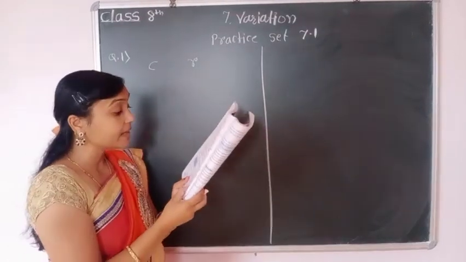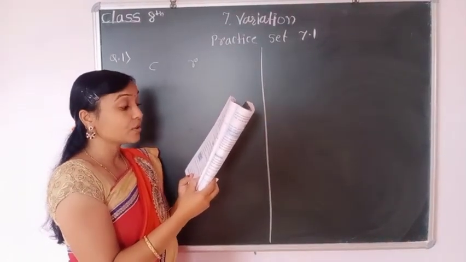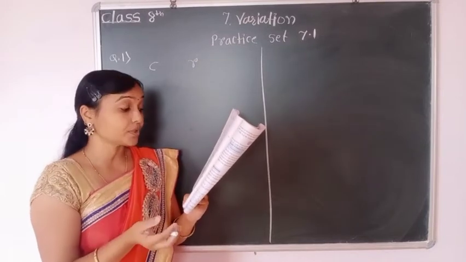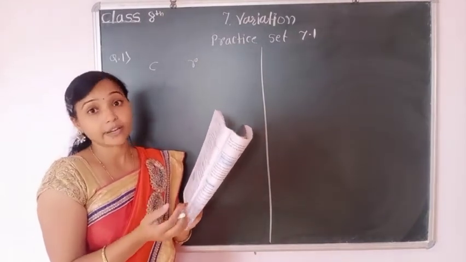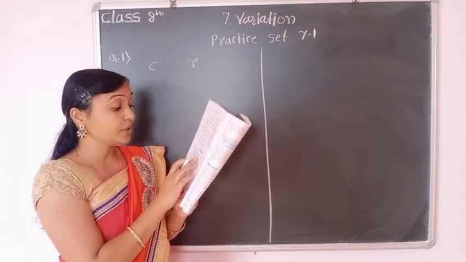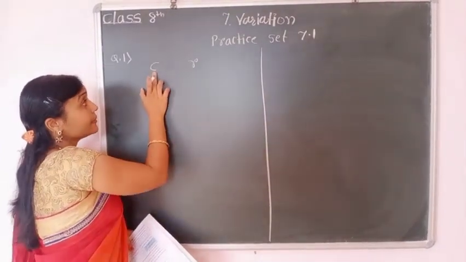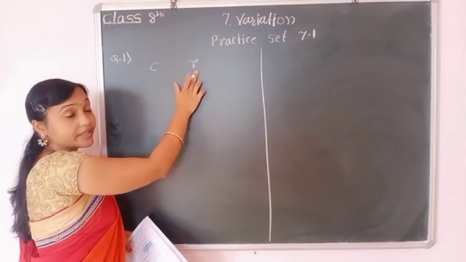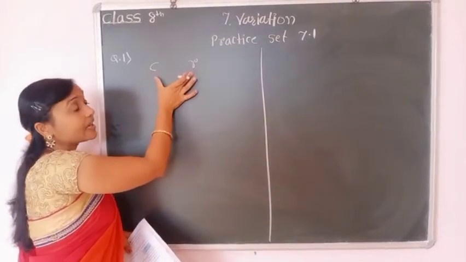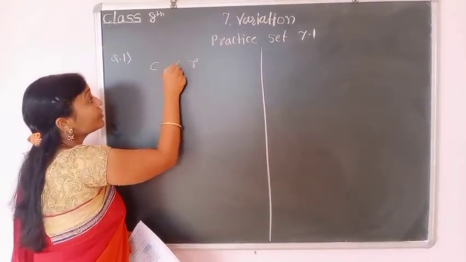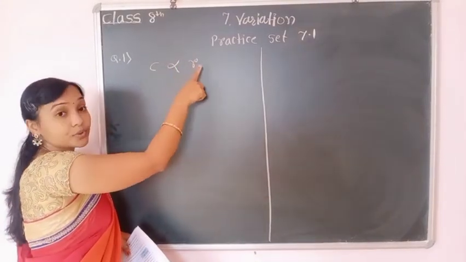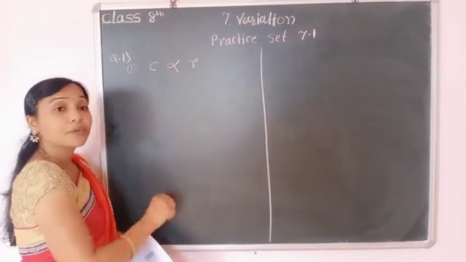Both quantities are directly proportional, so we write C is directly proportional to r. This is the answer of the first example.